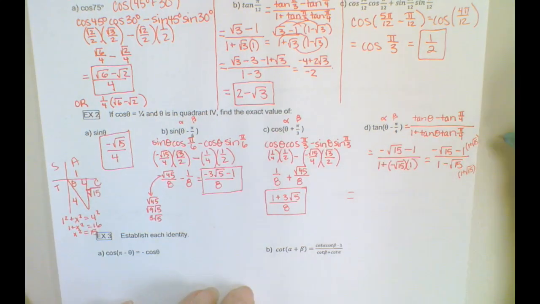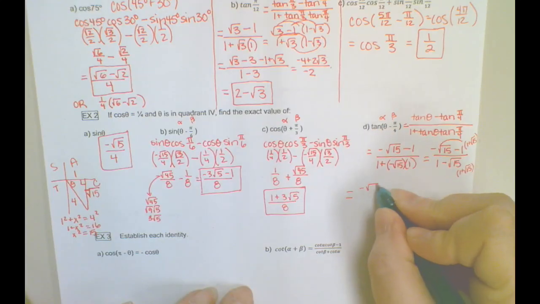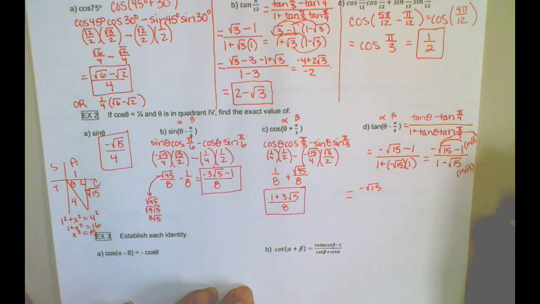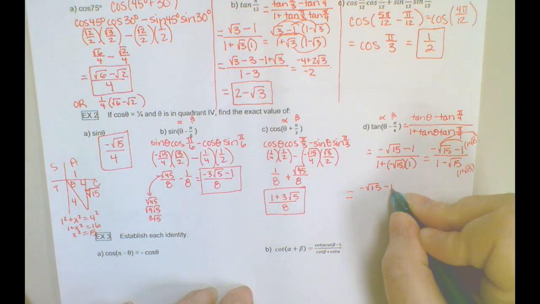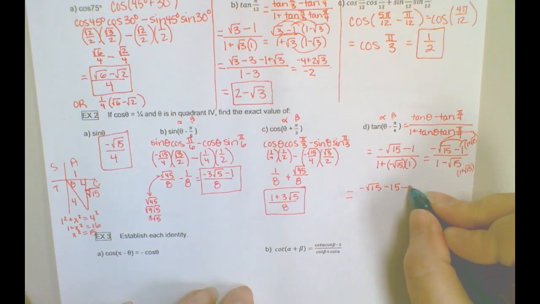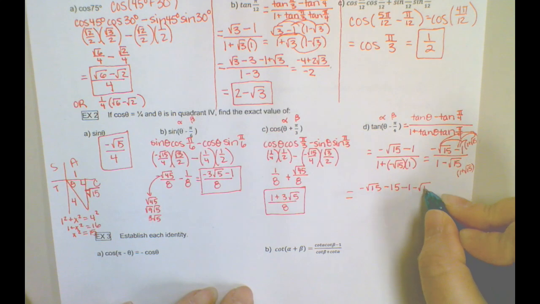So on the top, I've got negative radical 15 times 1, and then negative radical 15 times positive radical 15, which is a minus 15. Then distribute the 1, or negative 1 rather, so that gives me minus 1, and then minus radical 15.